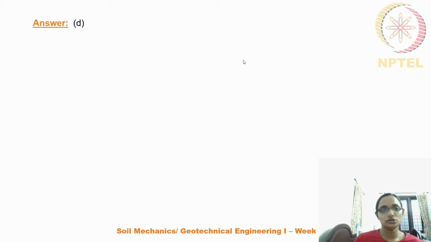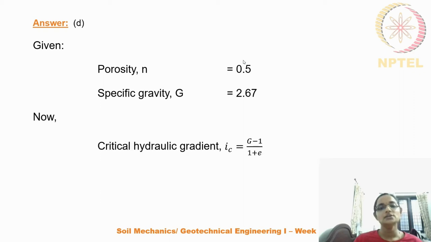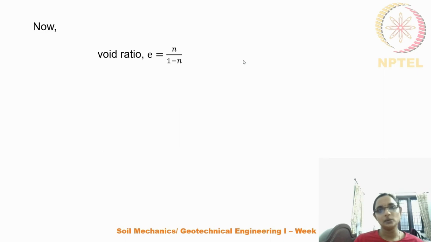Okay, let's see how to solve. So, the correct option is D. What is given? We are given porosity and specific gravity. But we know critical hydraulic gradient is given by the equation G minus 1 by 1 plus e. That means we need void ratio e. We know that void ratio e is equal to n by 1 minus n.